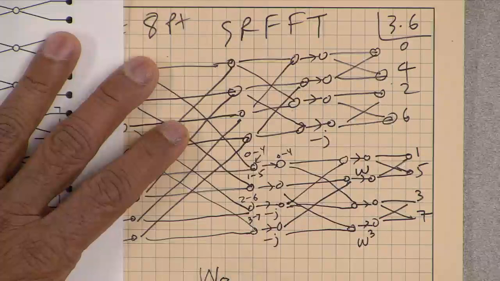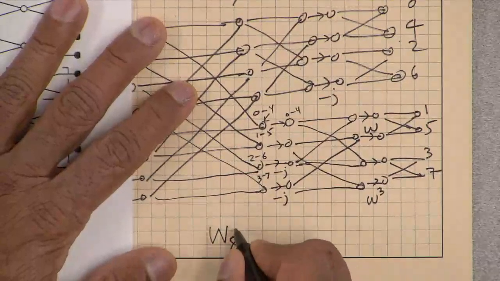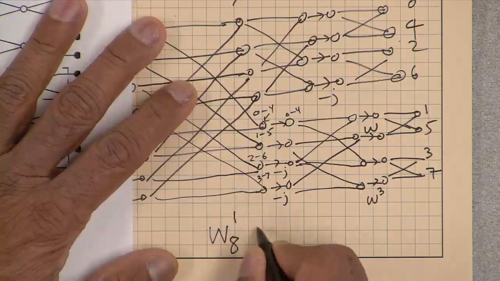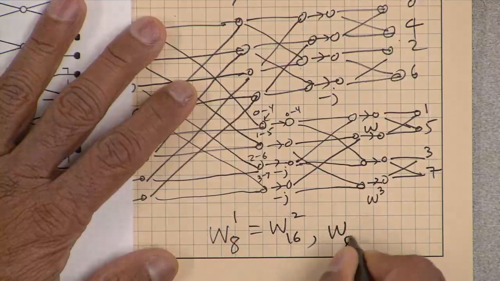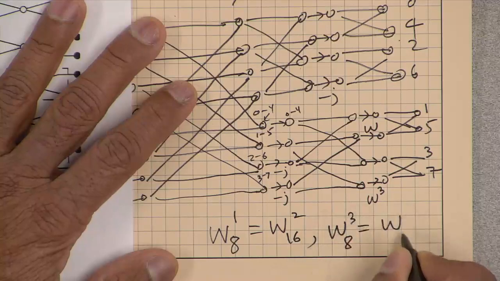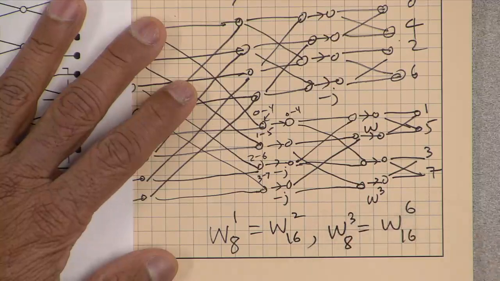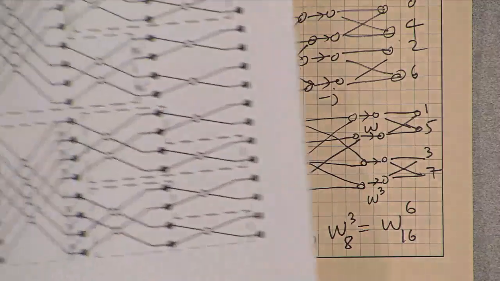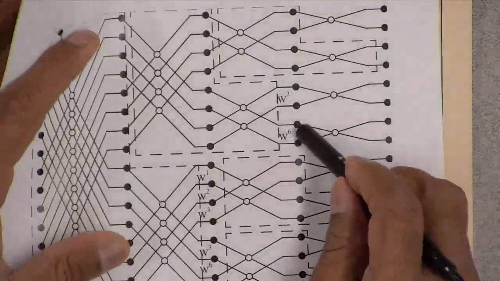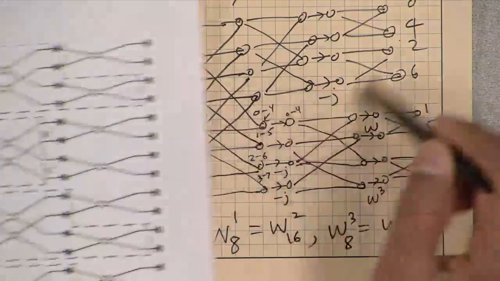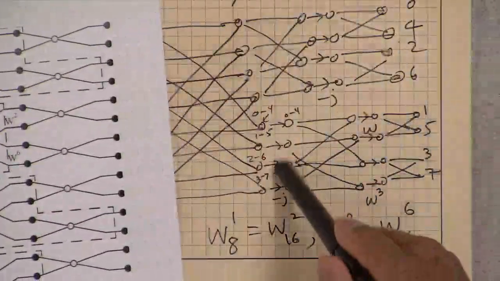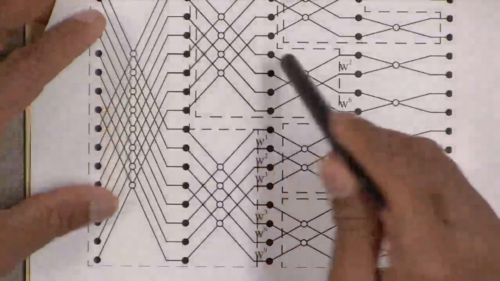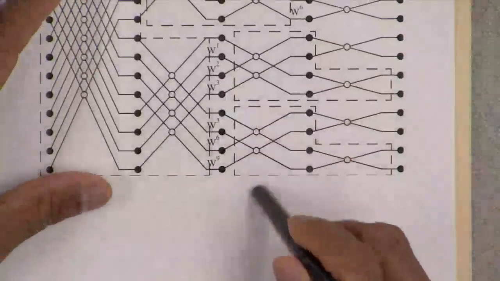W8 to the power 1 is the same as W16 to the power 2, W8 to the power 3 is the same as W16 to the power 6. That's the reason why those two quantities are 2 and 6. Everything else is the same as here. The only thing it is not showing you are these minus j's, so that's not shown here, and not shown here as well.